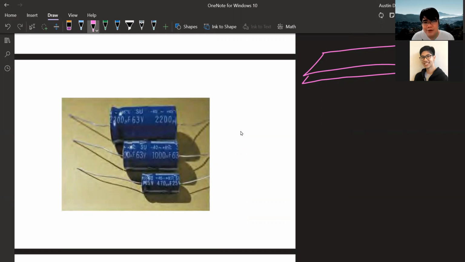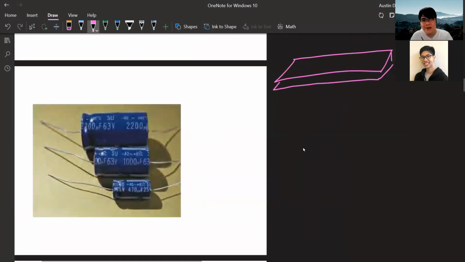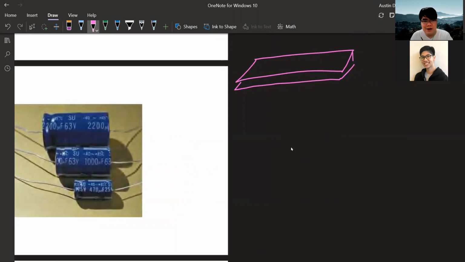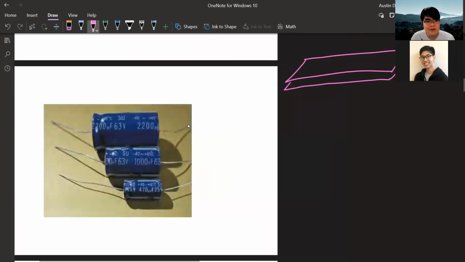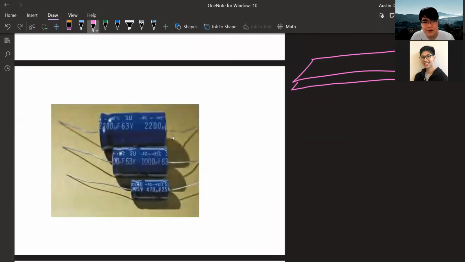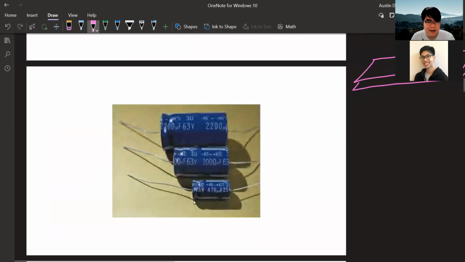Normally, if you tried to build a circuit like that without capacitors, the bulb would only glow. But with capacitors, you can store energy and then release it to the bulbs so they can produce a flash. So that's one use of your capacitors.